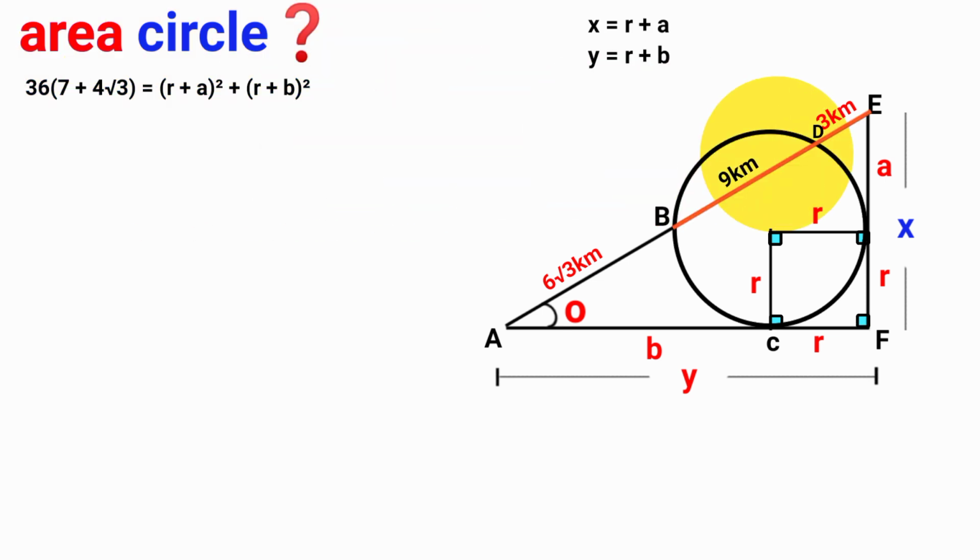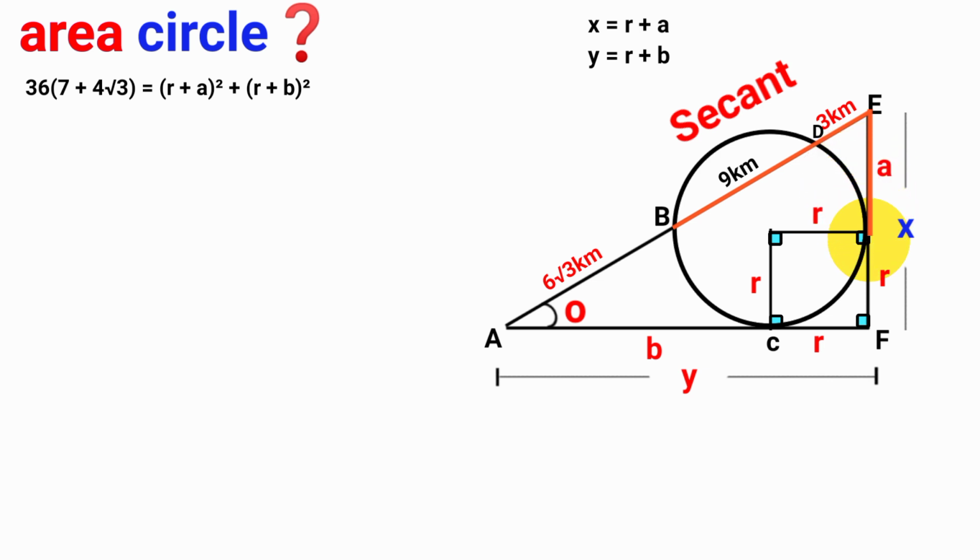Now look at this line BE. It passes through two distinct points on the circle and ends at an external point. That is, it is a secant. We know it intersects this line, which is a tangent, at this point.